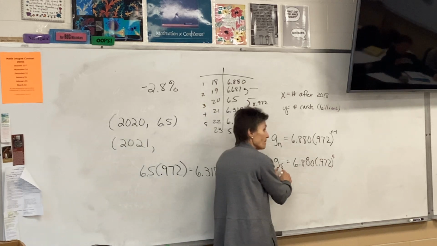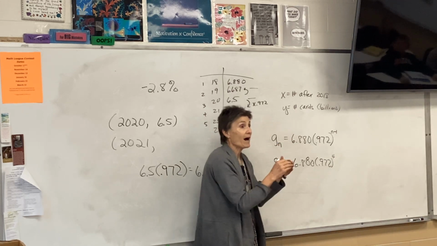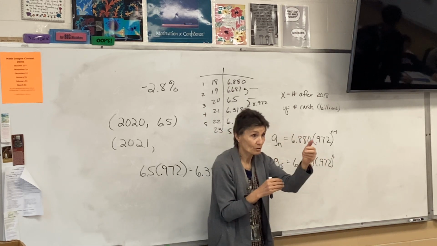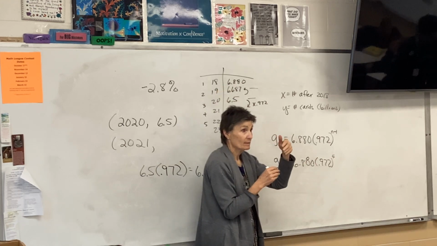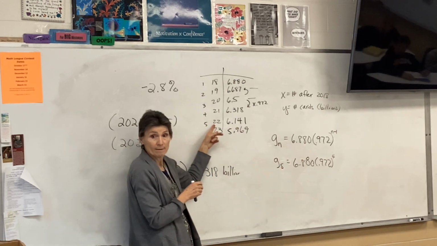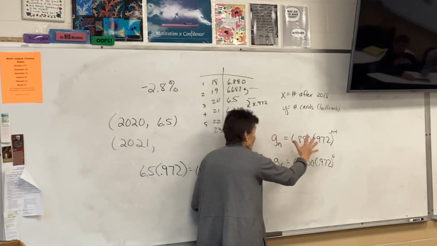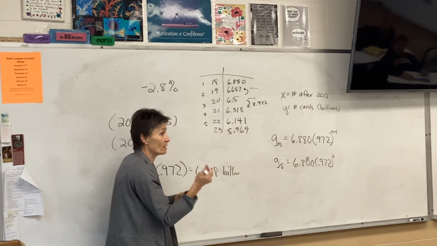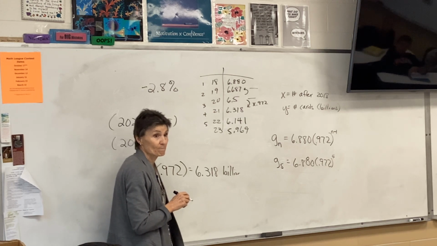When I found G sub 5, that should be 5 years after 2018. It wasn't 5 years after, it was only 4 years after. So we're gonna have to modify here. How could we fix this?